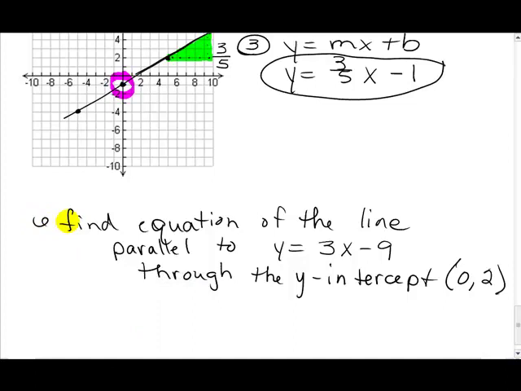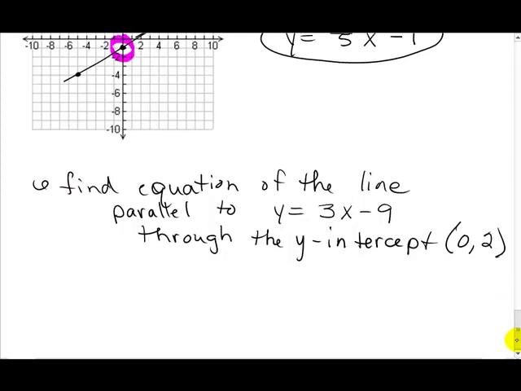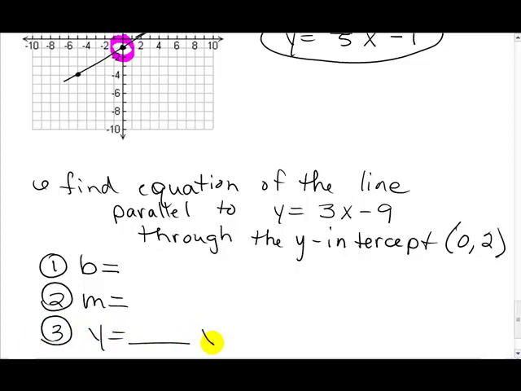Find the equation of the line parallel to y equals 3x minus 9 through the y-intercept (0, 2). And so what I need to write an equation is I need the b, I need the m, and that's all I need to stick into this mx plus or minus the b. The b, the y-intercept is right here. It's the y number.